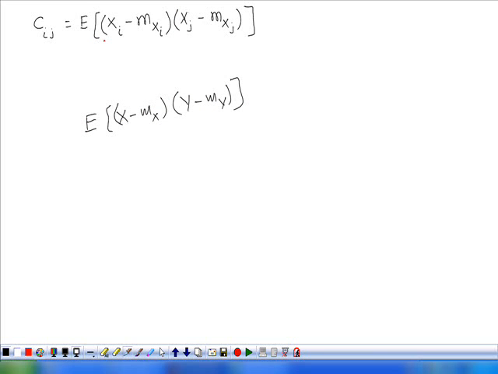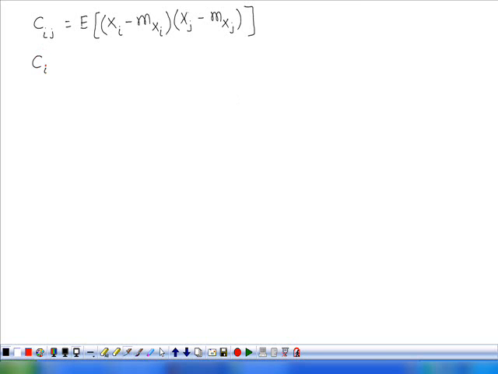For the Cij values, C11 is equivalent to the expectation of x1 minus mx1 into x1 minus mx1. Similarly C12, C21 and so on, Cnn. So if you know this equation, we can find all the Cij values. Substitute these Cij values in the covariance matrix. Then take that covariance matrix and substitute it in the expression of the joint probability density.